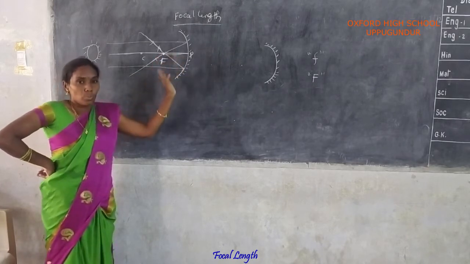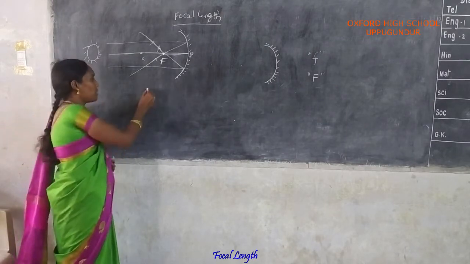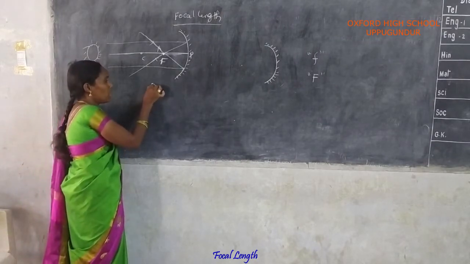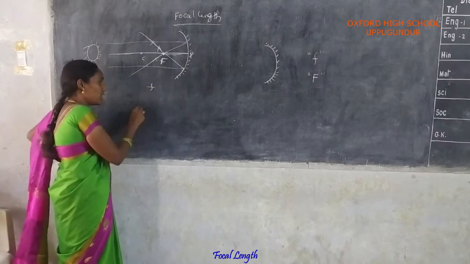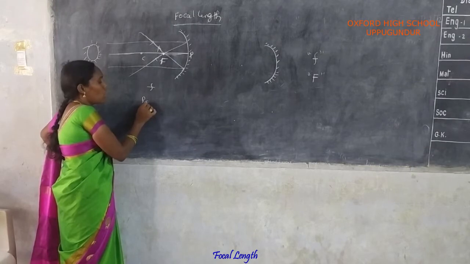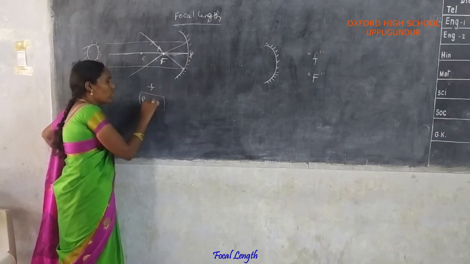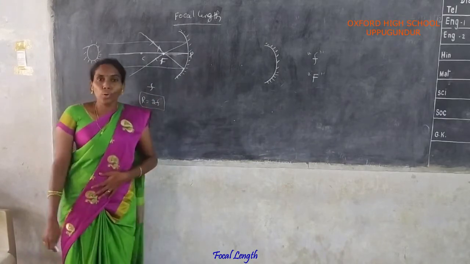That distance should be called the focal length. Here focal length is represented by the small letter f. As I already said, the relation between focal length and the radius of curvature is R equals 2f. The radius of curvature is always equal to twice the focal length.